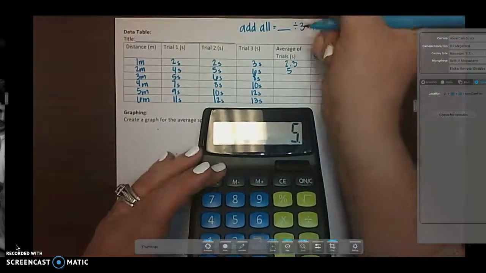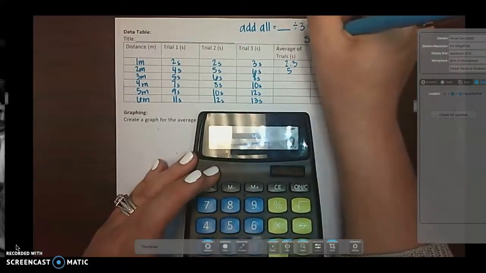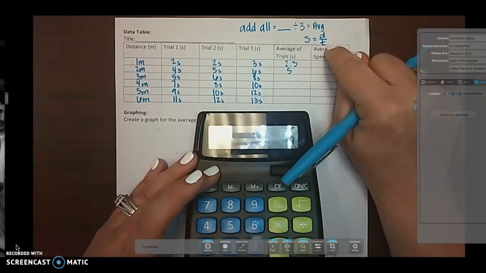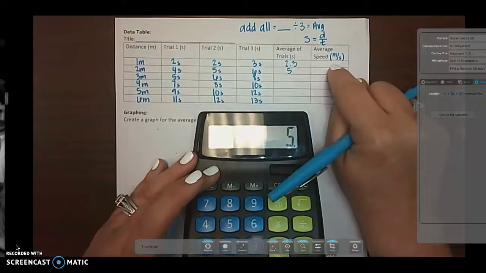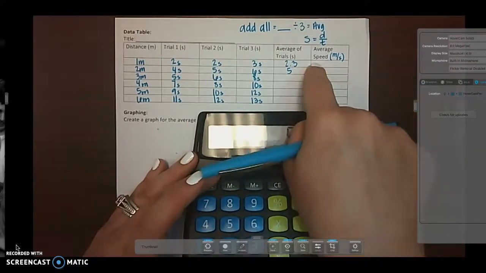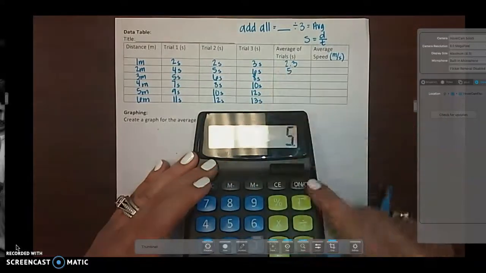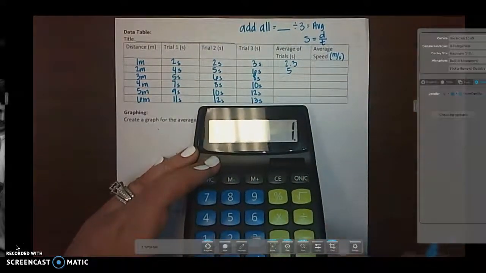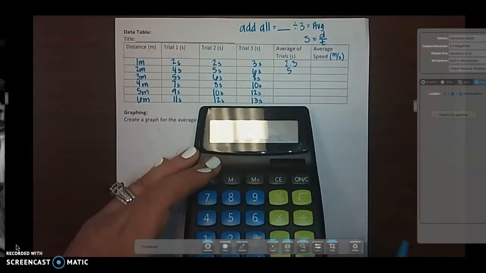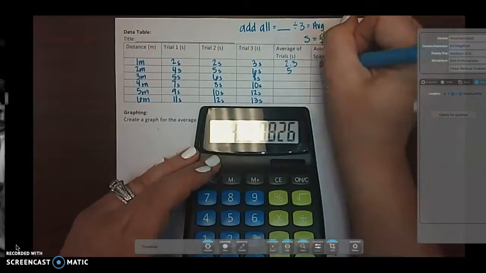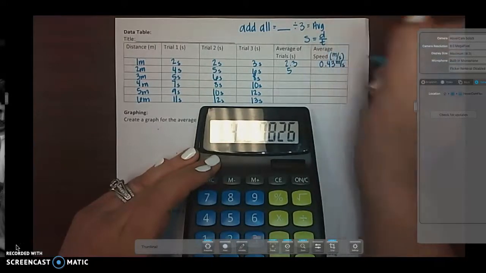So we're going to find our speed by using this formula, S equals D over T, distance divided by time. So for our speed for this one, we have our distance, which is 1, divided by our time, which is 2.3. So I'm going to say 1 divided by 2.3 equals, and I get 0.43 meters per second.